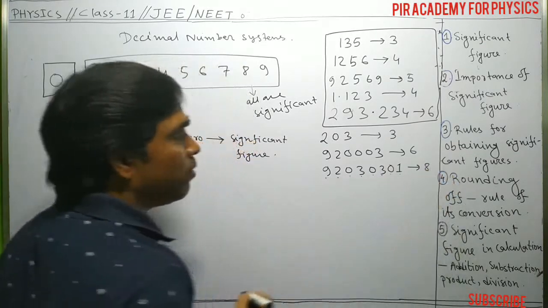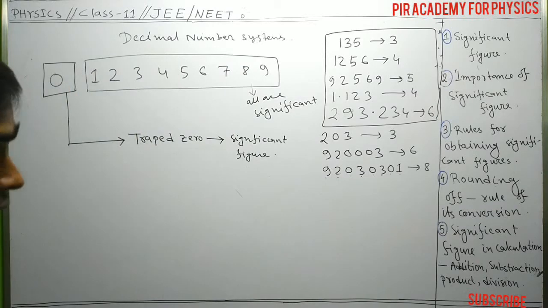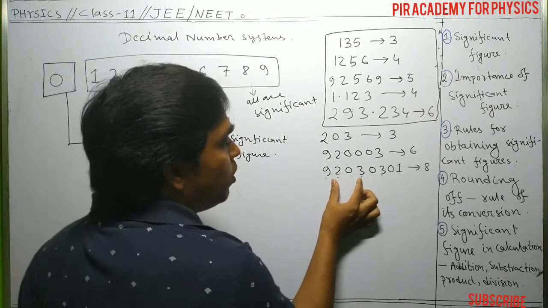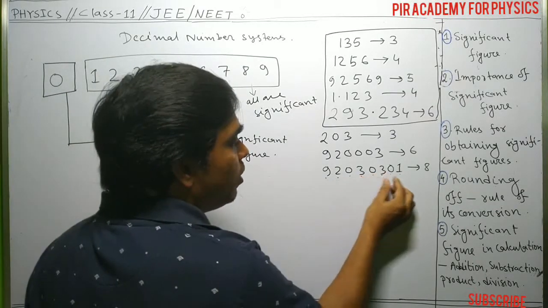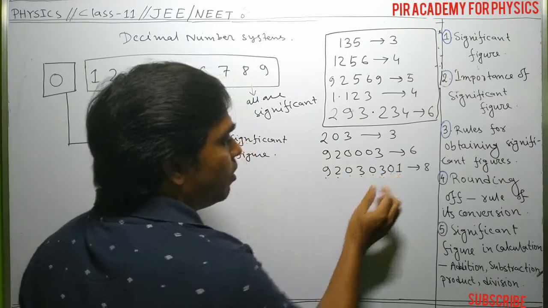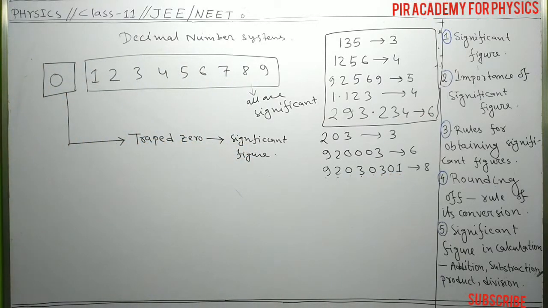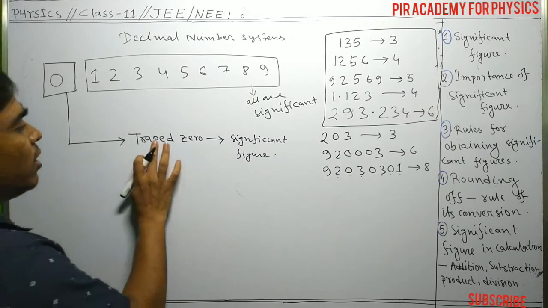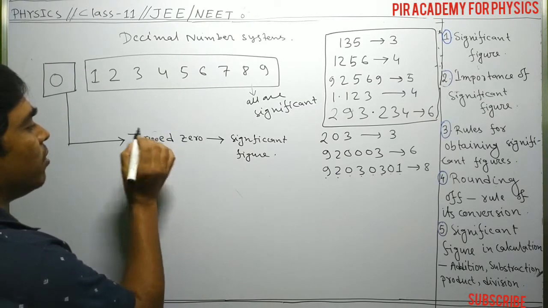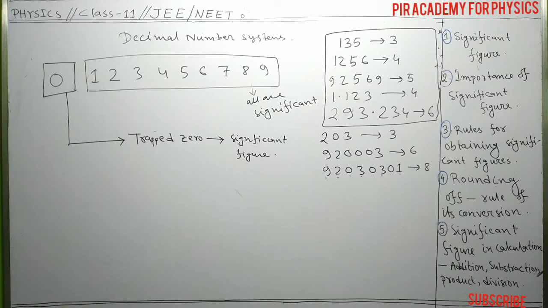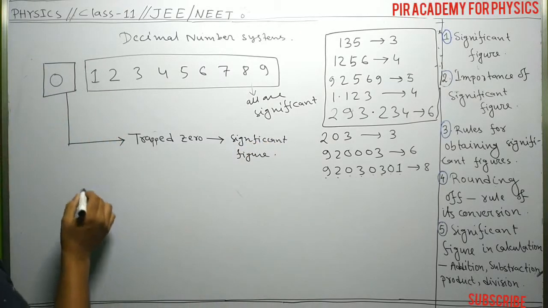The number of significant figures is 8. That means this 0 is between these two numbers, and this 0 is between two numbers, and this 0 is between these two numbers. That means trapped zeros are always significant figures.